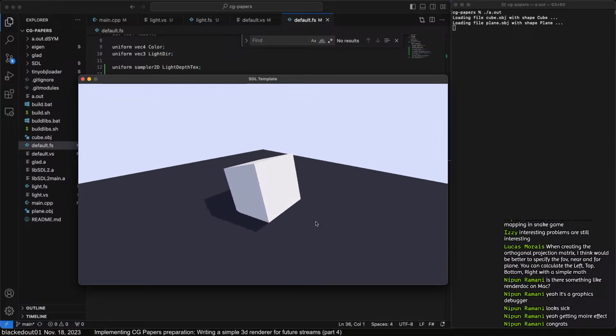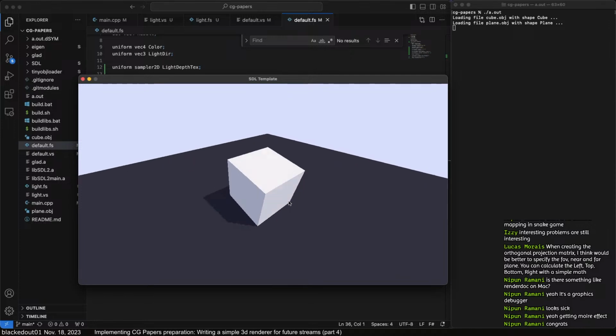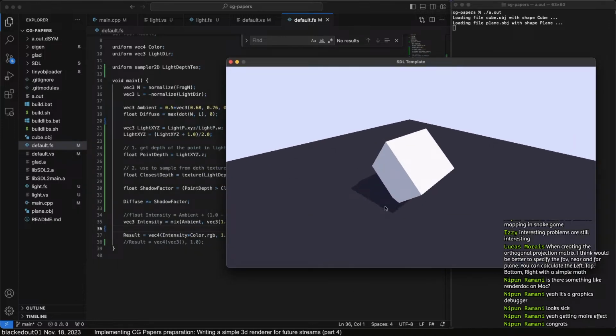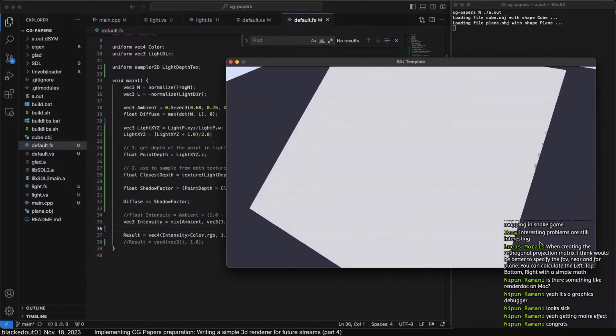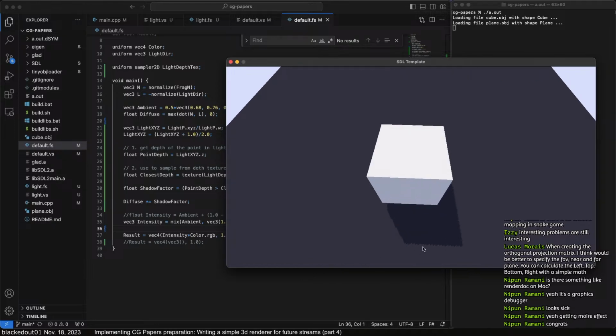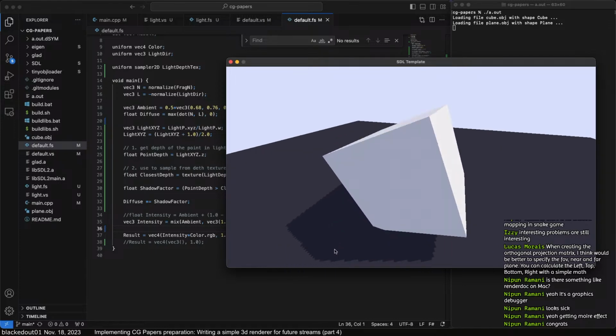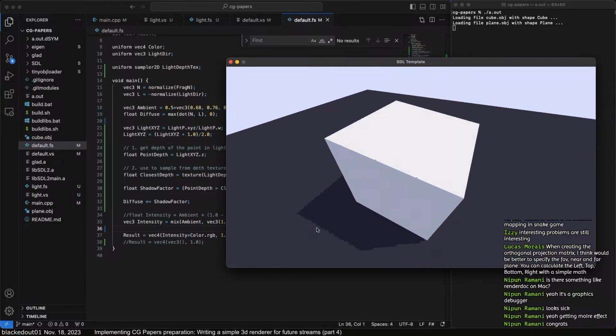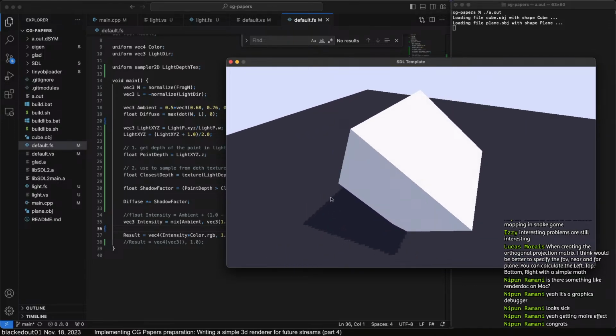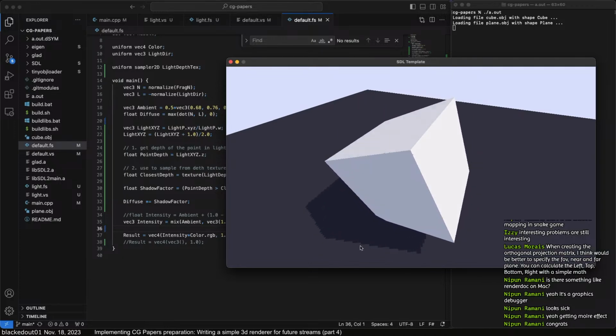So what I actually wanted to do now is improve the quality of the shadow, because as you can see, when you look at this, it looks really bad. It looks jagged, and you can see the resolution of the light texture.